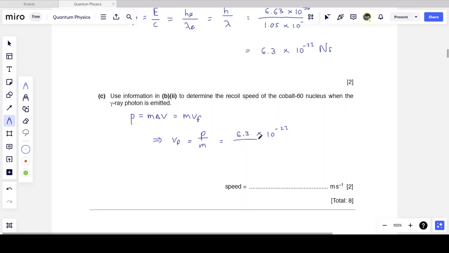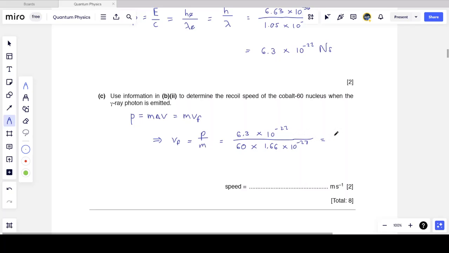So even if you didn't calculate it above successfully, you could still use the value that they told you to and do this calculation. We divide that by the mass of the cobalt nucleus. Now the cobalt nucleus, it's cobalt 60, so it has 60 nucleons, times the mass of a single nucleon, which is the atomic mass unit, 1.66 times 10 to the minus 27 kg.